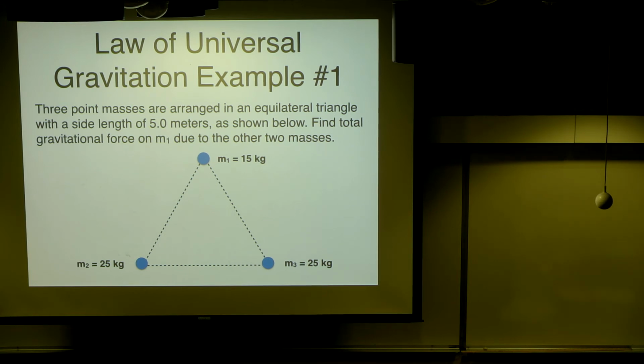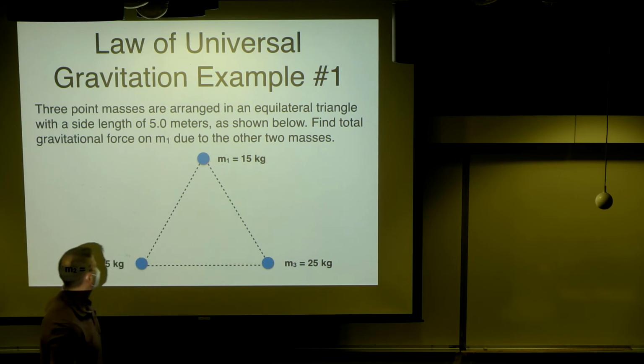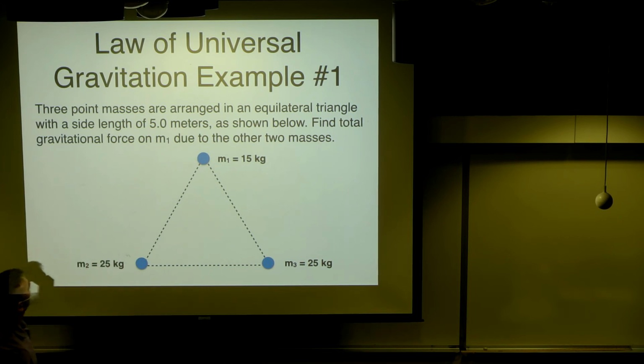So here's our first example. Let's say we have three masses, M1, M2, and M3. Mass 1 is 15 kilograms, mass 2 is 25 kilograms, and mass 3 is also 25 kilograms.